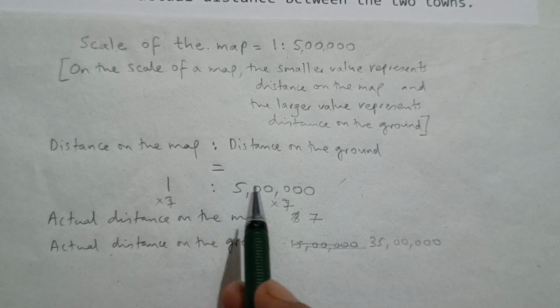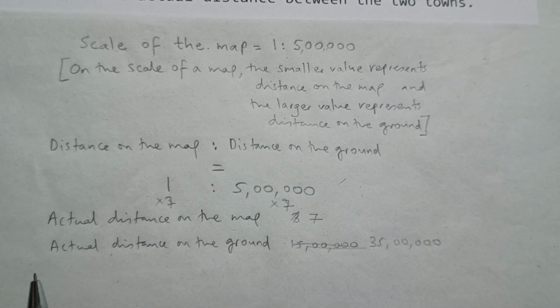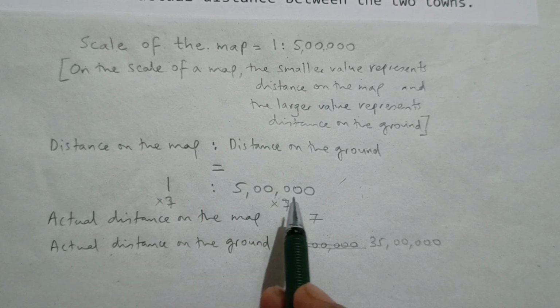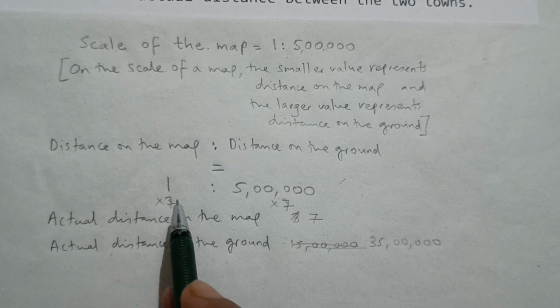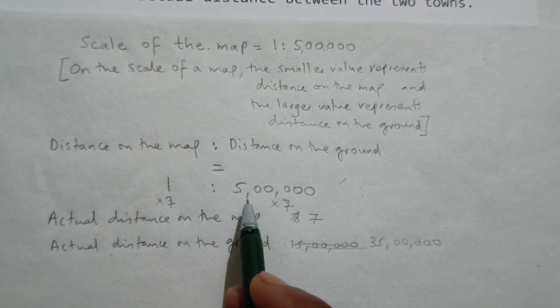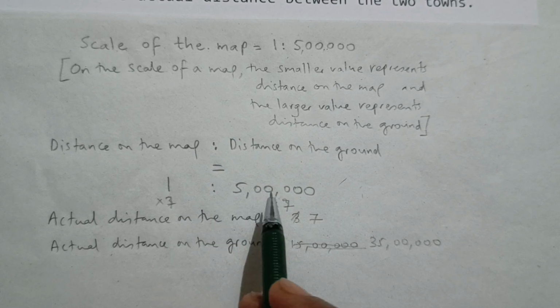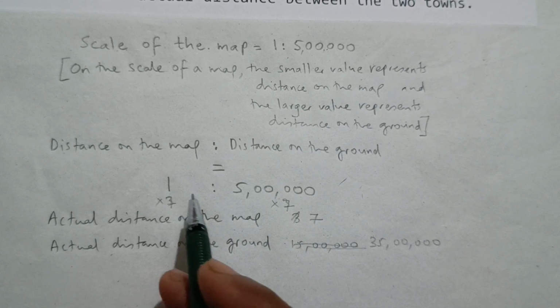So because I do not know by which number I should multiply this ratio, let us say that I will multiply this ratio by a variable, and let us take that variable as x. So let us multiply this ratio by the variable x. So I will rub all of this.